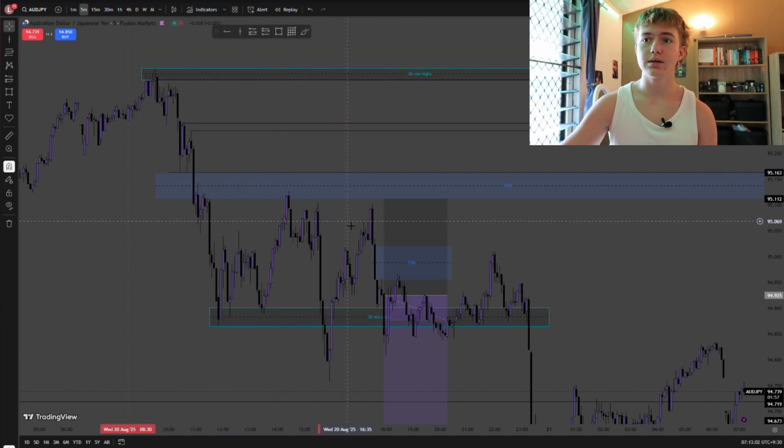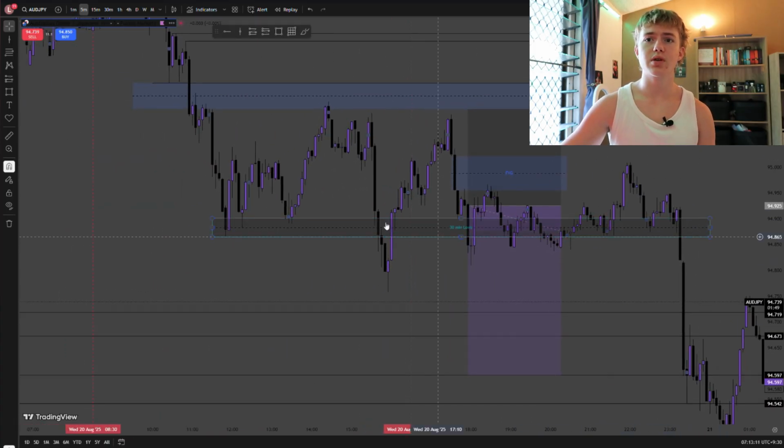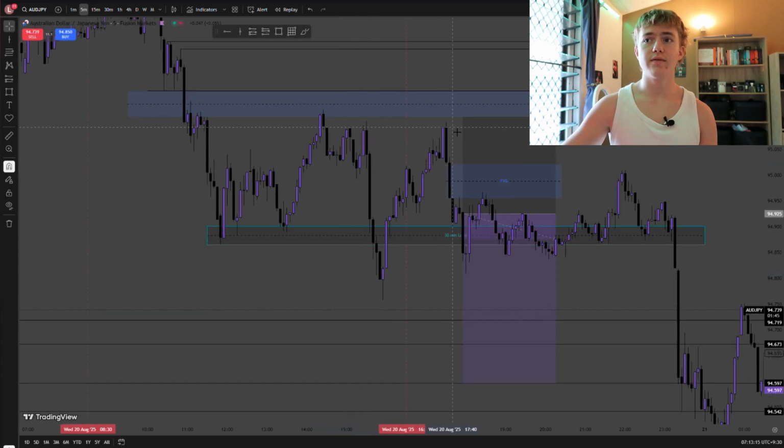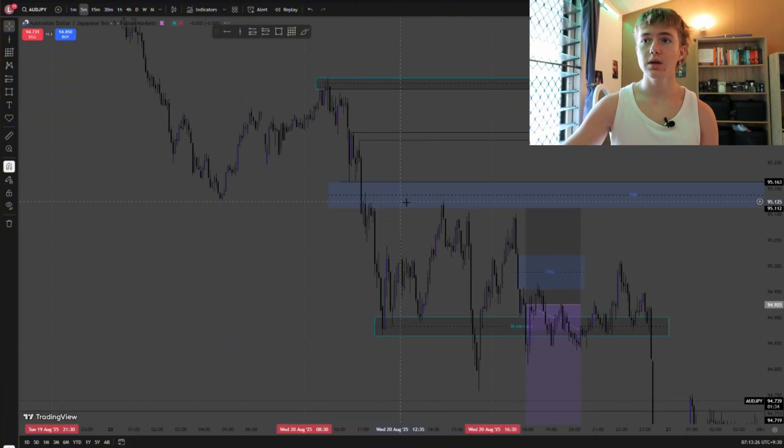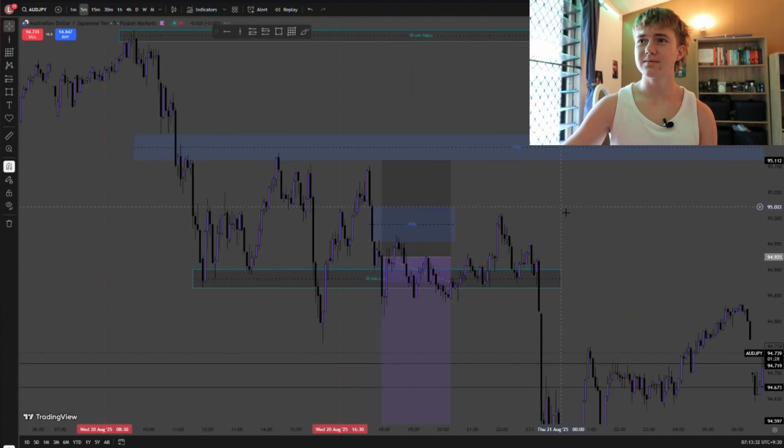If price came up or had a retrace into a fair value gap on the 5-minute, because we swept these 30-minute lows, and then I was looking for a retrace into fair value gap, but we disrespected this one, which was very lucky, because if we hadn't, I would have gone bullish and would have lost. So yeah, I'll delete these, just to make the screen a bit more clear.